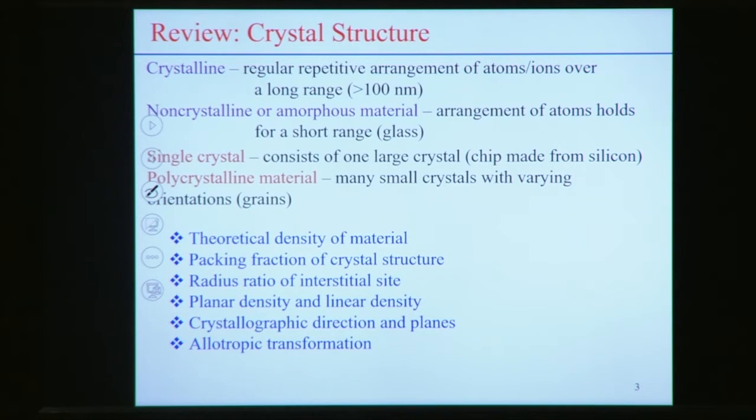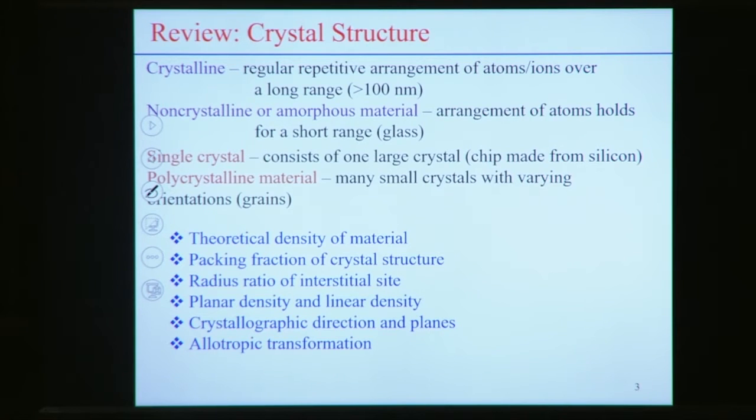For example, a chip made from silicon is one of the single crystal structures, but it may consist of several unit cells. Polycrystalline material has many small crystals with varying orientation, and we have explained the continuum plasticity model, which is the aggregate behavior of the different polycrystalline behavior.